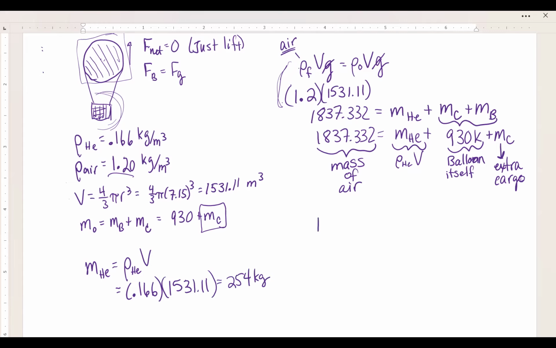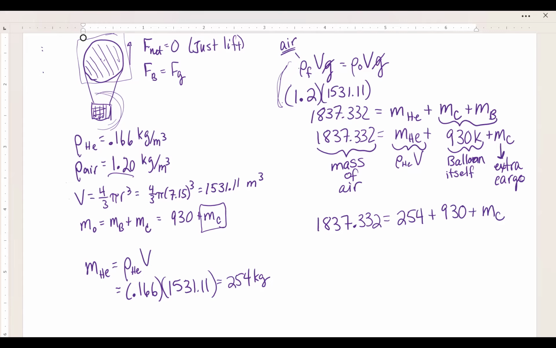So I'm going to have 1837. Let's go ahead and keep my digits, 332. In class, I would have dropped the extra digits a long time ago. 254 plus 930 plus the mass of my cargo. Now this is something you can work with.